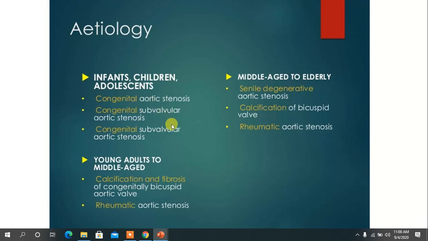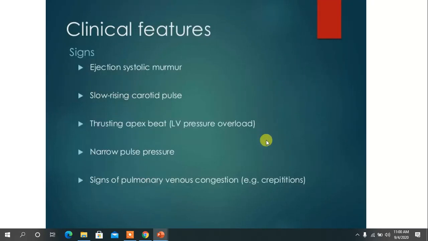Subvalvular stenosis, subvalvular aortic stenosis, these are the causes. So congenital bicuspid valve, aortic stenosis, rheumatic, middle-aged, and there will be an ejection systolic murmur, slow rising carotid pulses because of narrowing of the aortic valve.